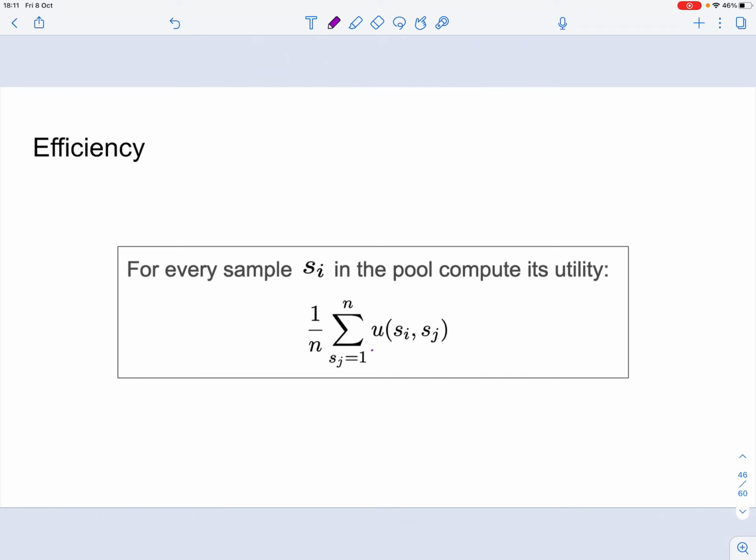MBR is not at all an efficient algorithm if you compare it to beam search, and that's for two reasons. One of them is that a large number of samples need to be drawn from a model, and the second one is that in order to arrive at a final translation, the utility function needs to be called a large number of times.